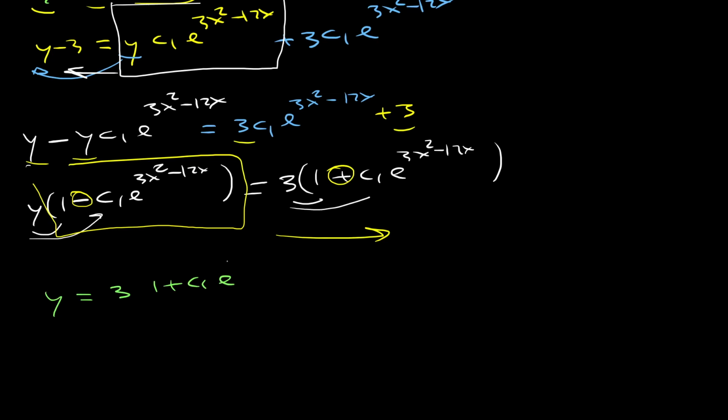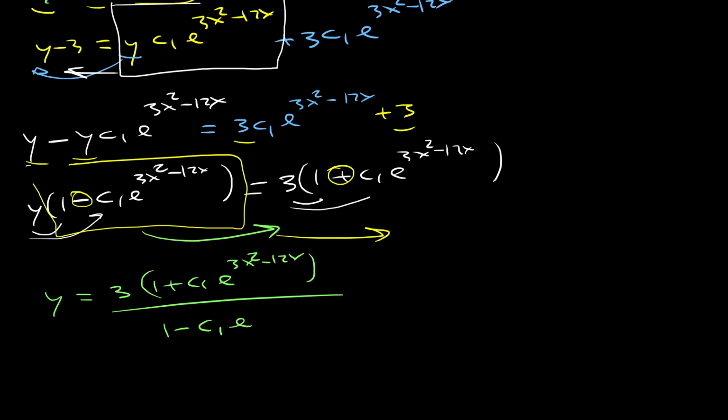So c1 e^(3x² minus 12x) is on top. And then at the bottom, we have this one that we got. So it's 1 minus c1 e^(3x² minus 12x). Right? So all we have done is finding a way of separating y from the other terms so that we can have the expression in its specific form.